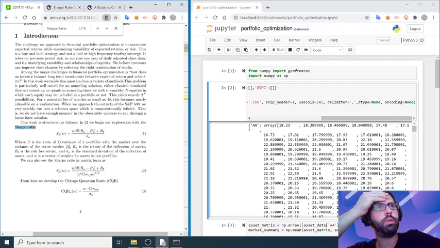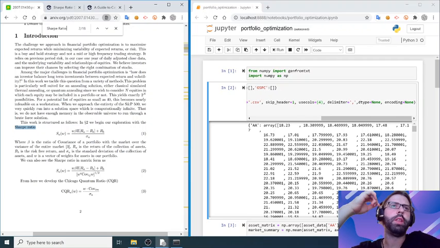I guess so. RB is the risk-free return. And W is a vector of weights for assets in our portfolio.